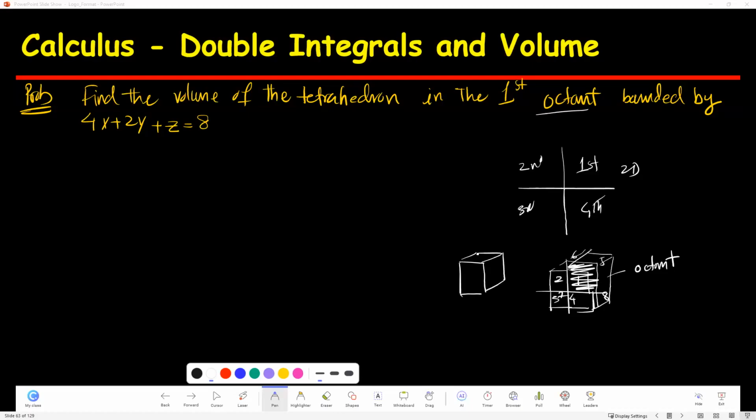If I draw this, z is at the back, we all know this is y, this is x. Inside this little rectangular cube, we have a tetrahedron. We have a shape that looks probably like this.